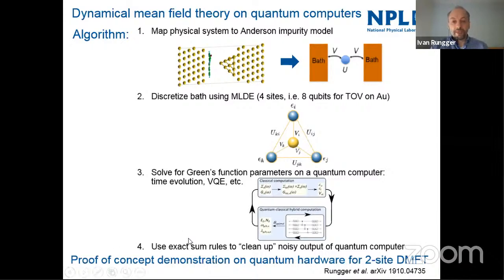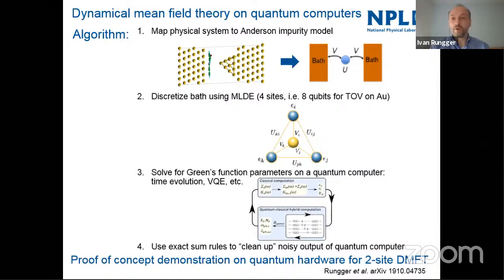The last important step is to always use some rules to clean up the noisy output if possible. As I showed today, that's really important. And when you're there, you just loop it back and continue, and you go back to the physical system. So that's what we're doing. What I've shown today is just a proof of concept of this for a 2-site DMFT, which was published last year. And with this, I end my talk, and thank you very much for your attention.